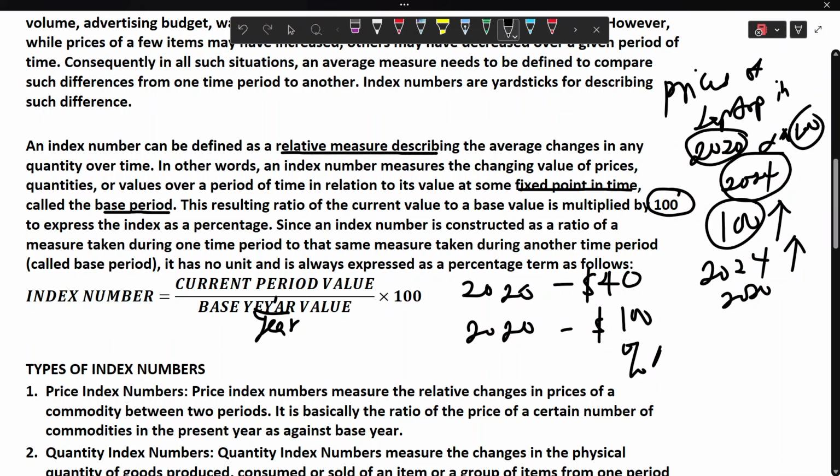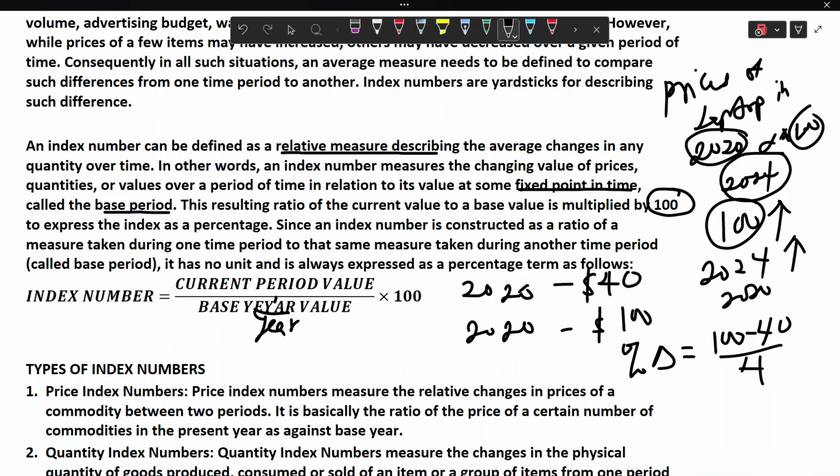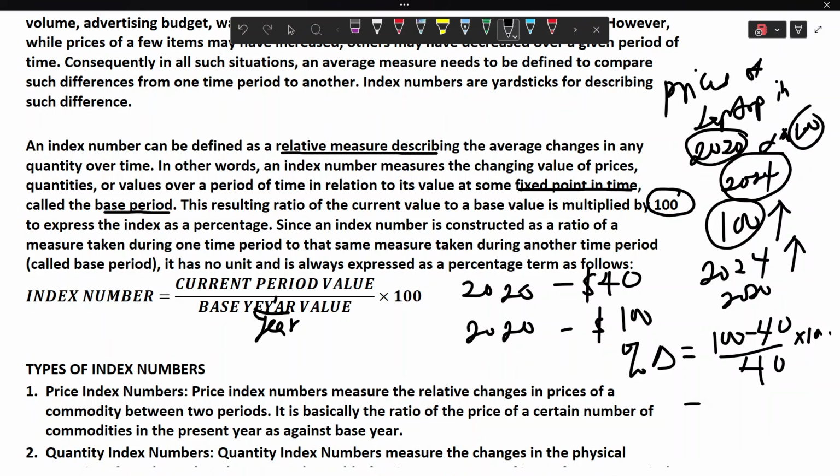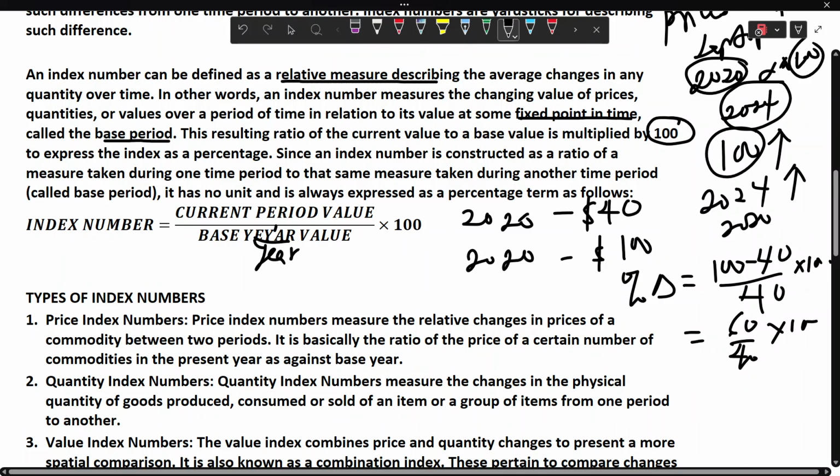So now the percentage change in the price of this laptop is 100 minus 40 divided by 40 times 100. So now we have 60 divided by 40 times 100, giving us an answer of 150.